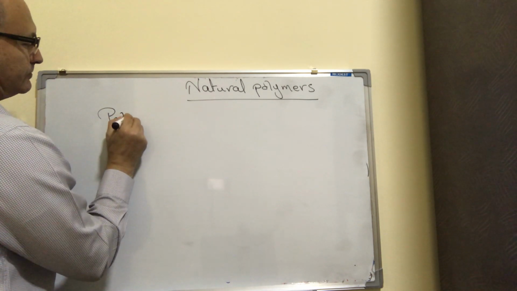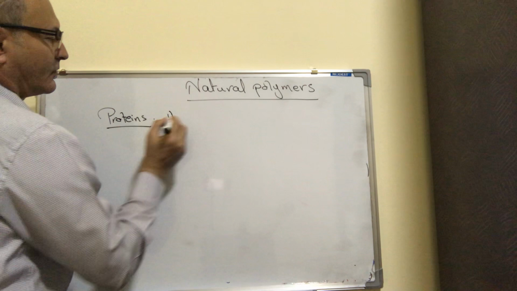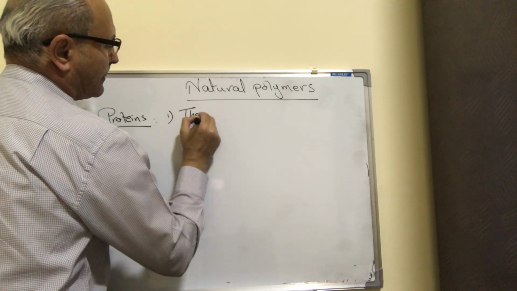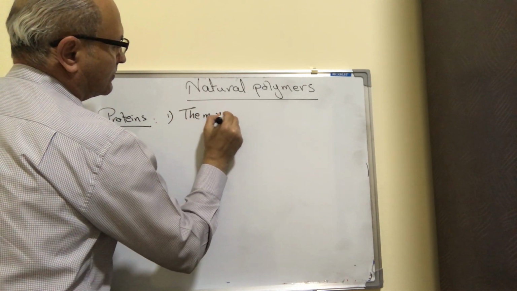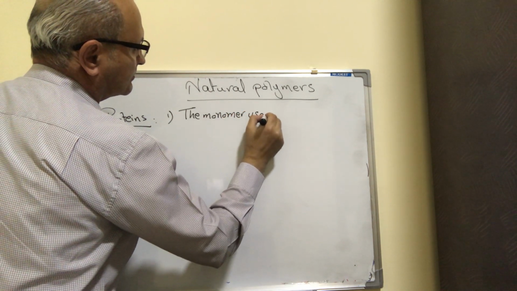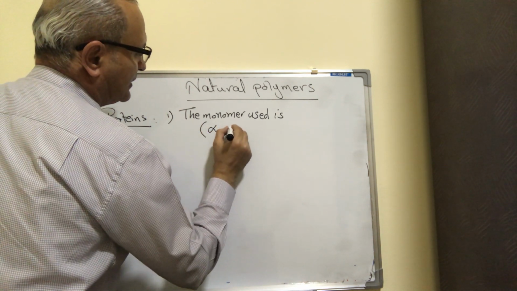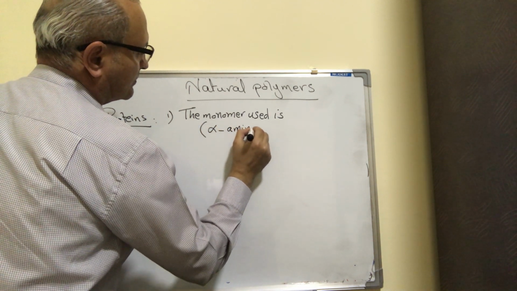Proteins. We can say that the monomer used is alpha amino acid.